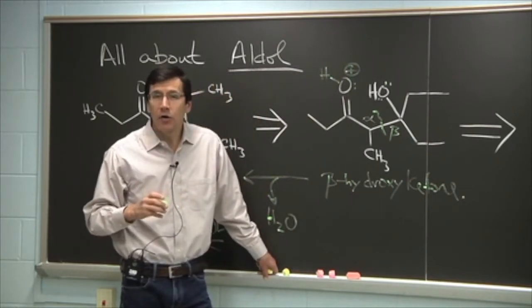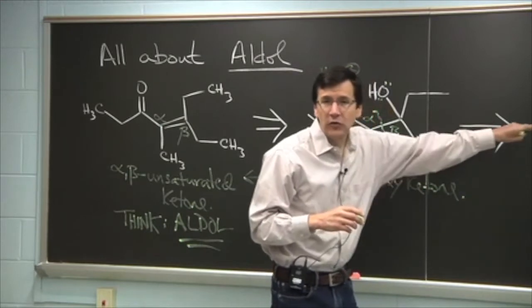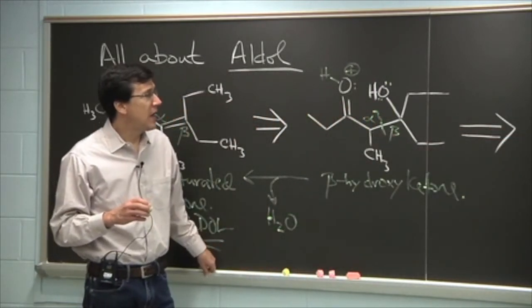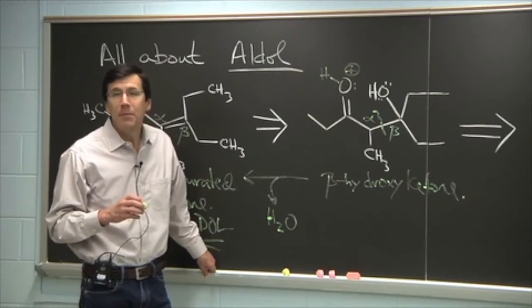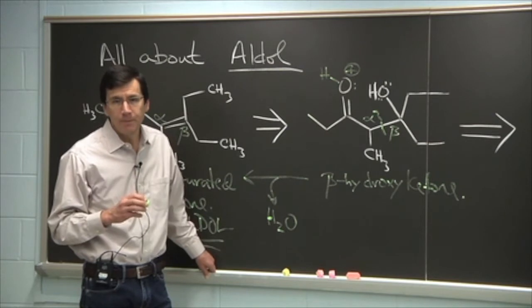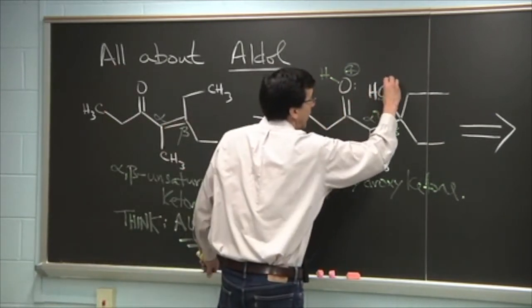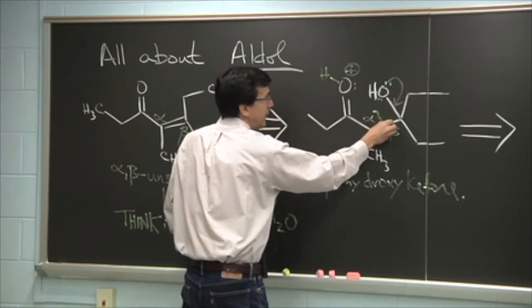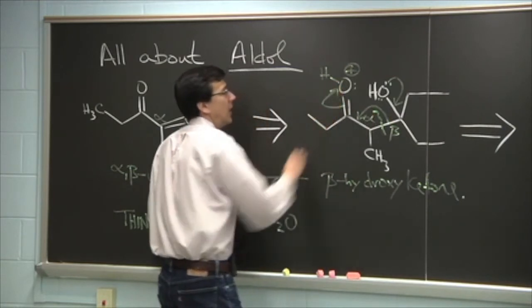Can you push the arrows for the retroaldol reaction? So in the retrosynthetic direction, we need to do a retroaldol. There will be 3 arrows for retroaldol. Start your arrow pushing on the beta hydroxy group. Okay, so we start here, go there, break this carbon-carbon bond, and then come out onto here.